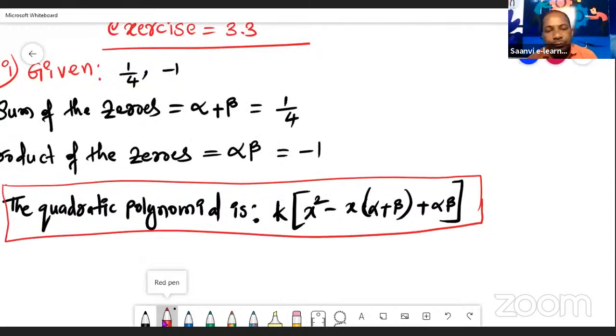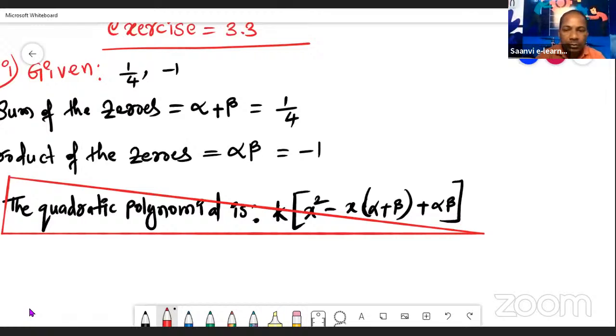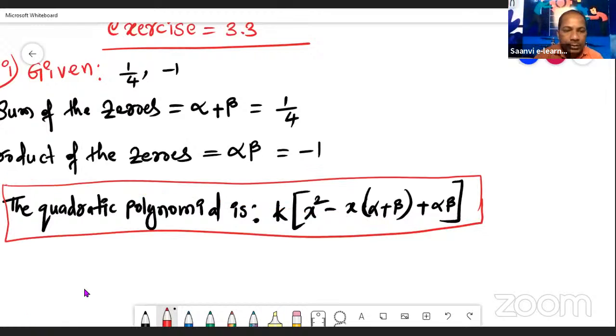Okay, children, now substitute the values in this formula.